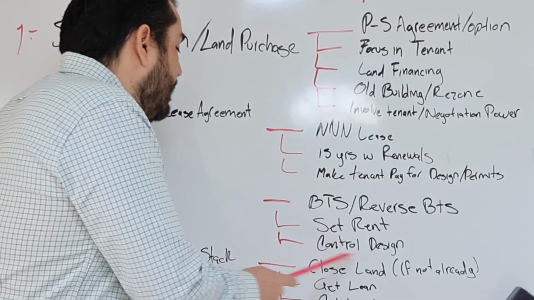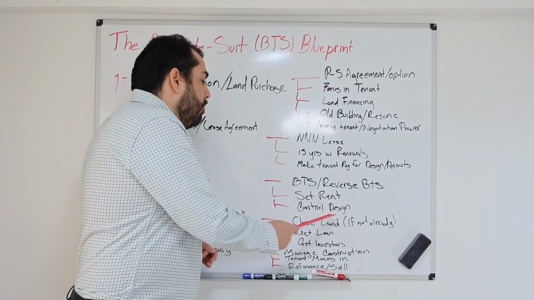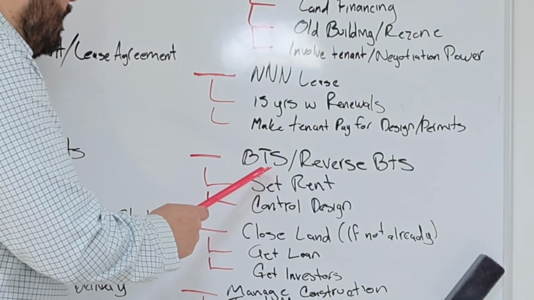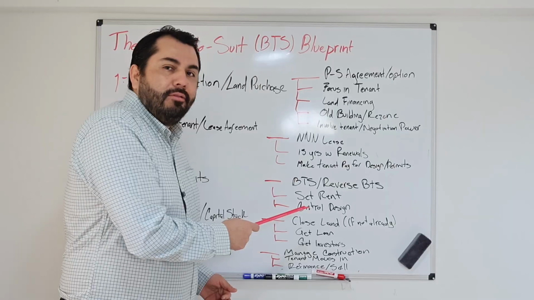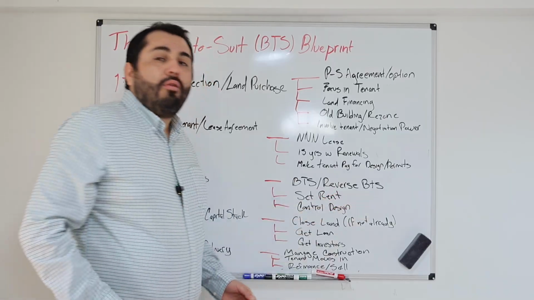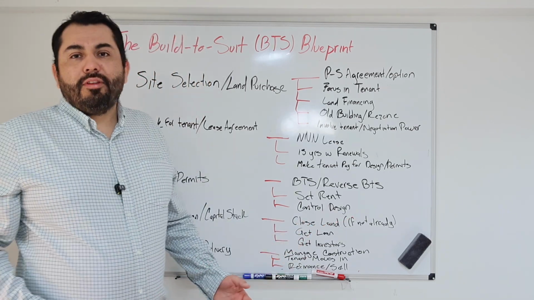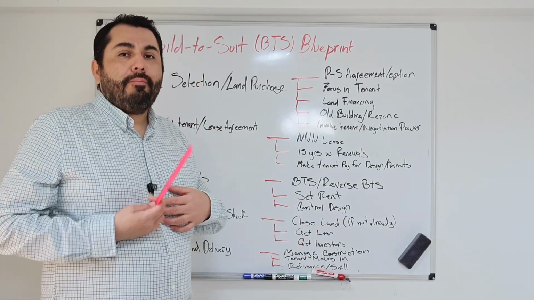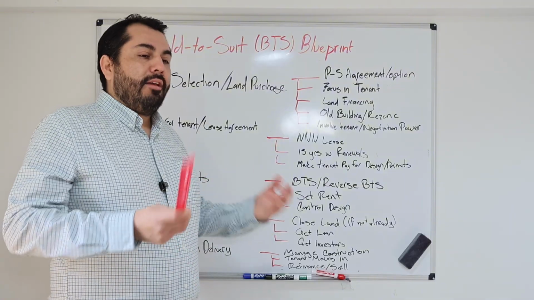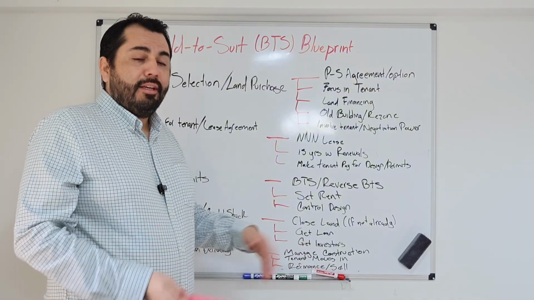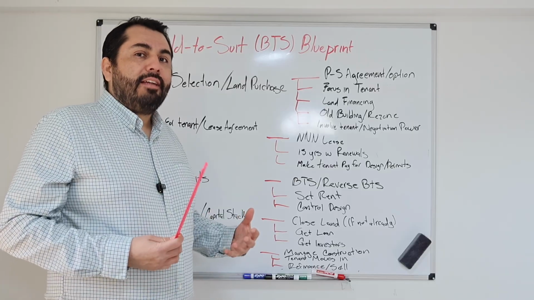Okay, and this is also important. Never lose full control of the design. Even if you are in the normal build to suit, or maybe you are in reverse build to suit, you don't want to lose control of the design because you are paying for it. What if you cannot get the funds to get that property built? So that affects you.